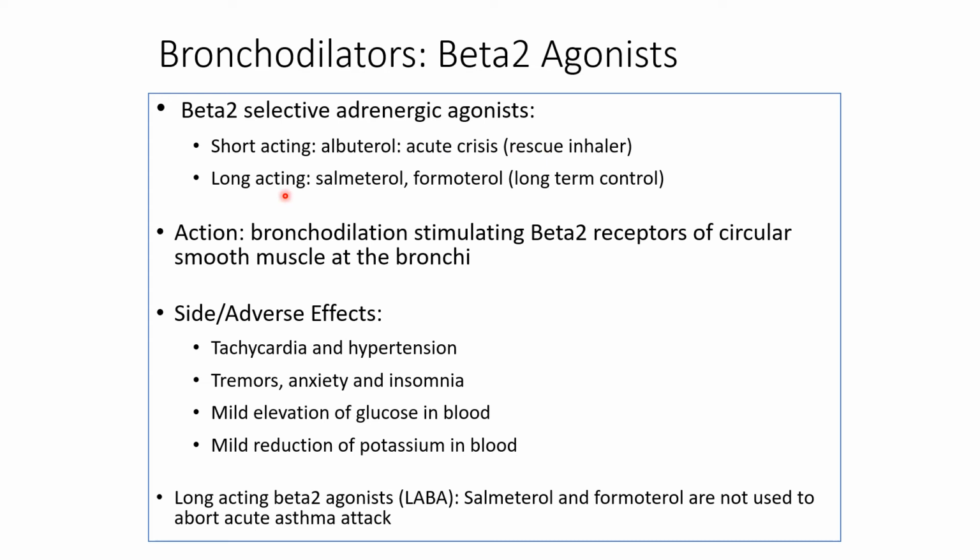The long-acting are the salmeterol and formoterol, but because they act slowly and because they are not useful in the acute crisis, they are used as a long-term control, so given around the clock with other medication. So this is the most important.